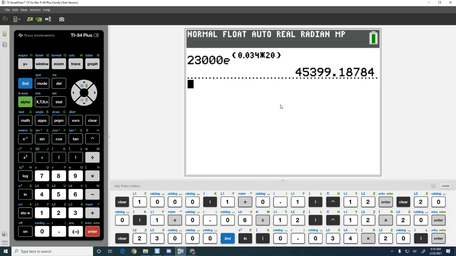So like parentheses 0.034 times 20. Get that. Then do shift e to the x. It's going to be e raised to that power is this. Then multiply by the starting amount. So times, yep. And that 45399, 45399. So you're just kind of doing the whole thing backwards pretty much.